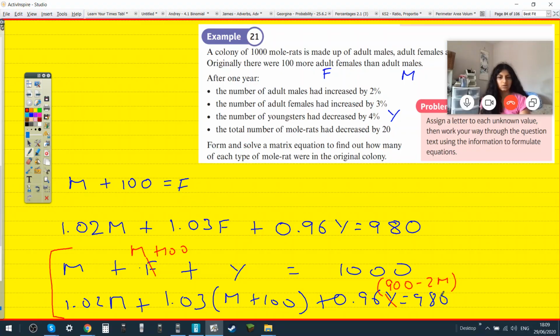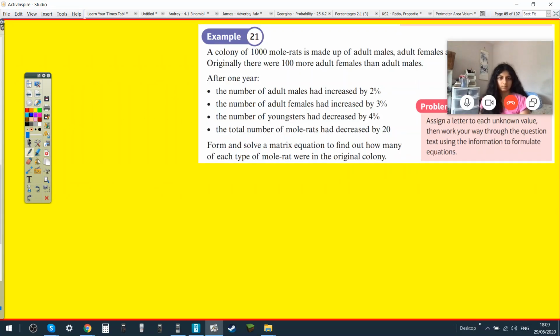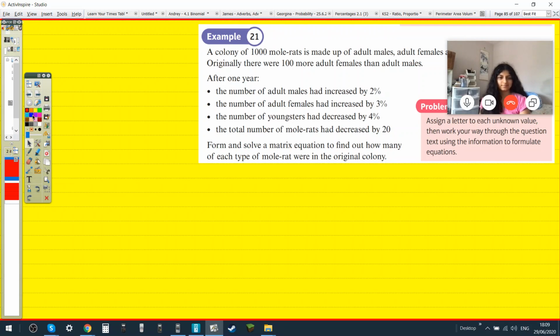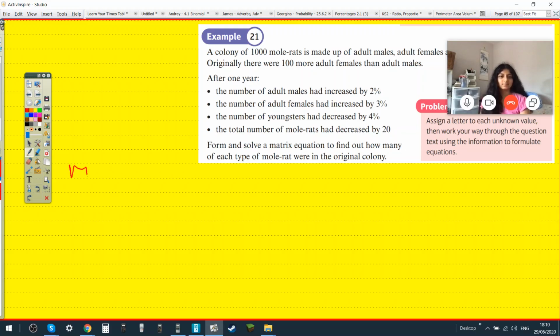Can you still do that with matrices? If I was doing it with matrices, I would just do it from the very start and not do any of your clever stuff. So the first thing is original males, original females, original youngsters is 1,000.